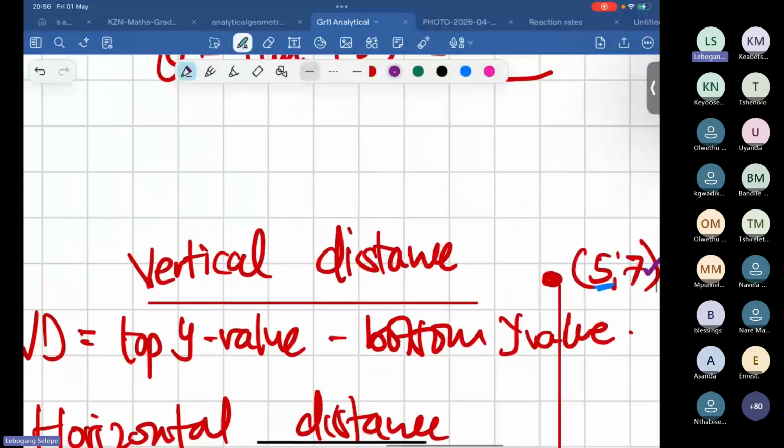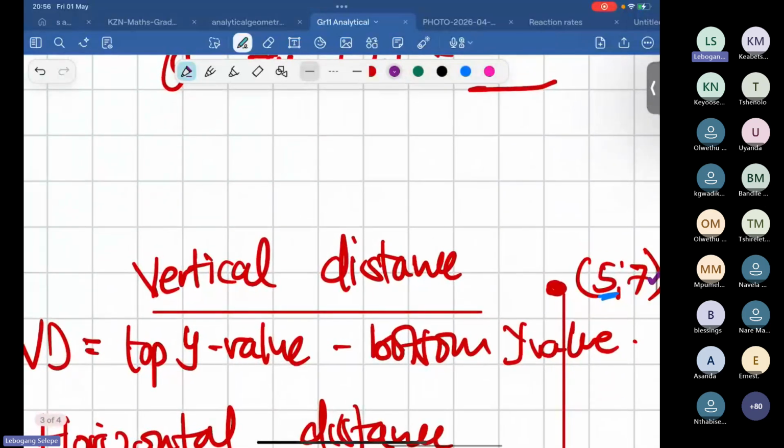So if you're working with vertical distance, what is vertical distance? It's basically the distance between 2 points such that they form a vertical line. You take the top y value, you subtract the bottom y value, and that is going to give you the distance between those 2 points. I think vertical distance is also important for your functions.